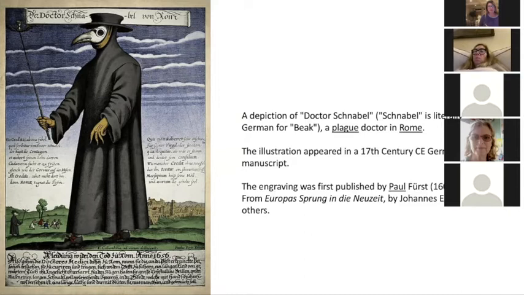But there is documentation of physicians and other individuals. In fact, there's lots of interpretation of physicians and priests and others that fled.